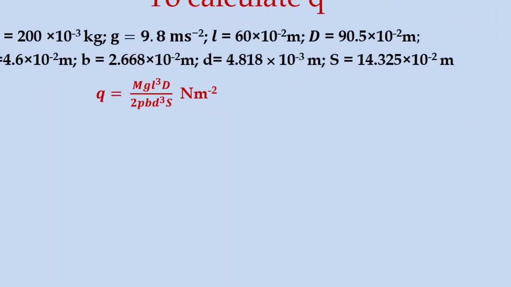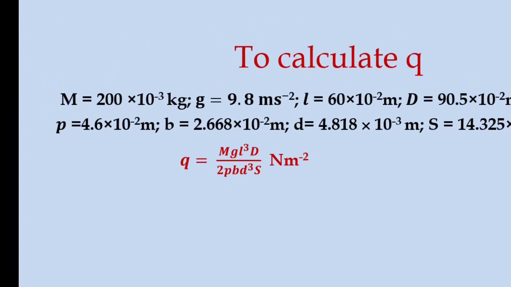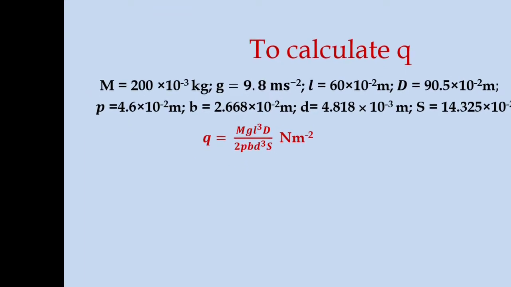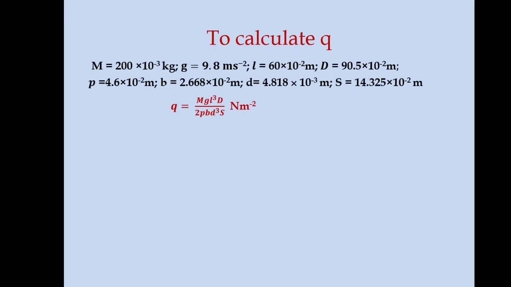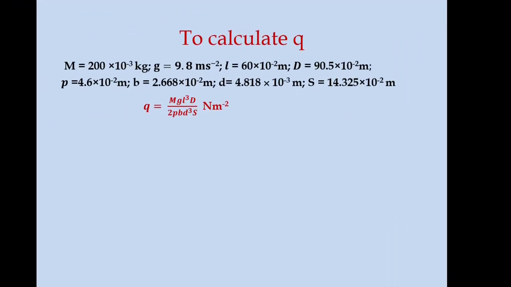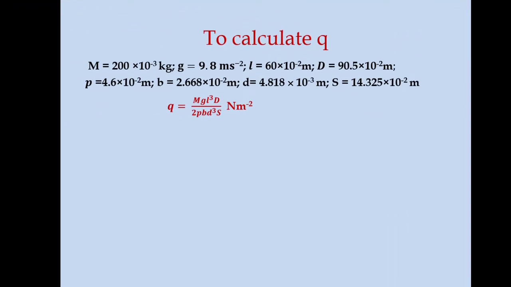The formula to calculate the Young's modulus of the material of the beam by non-uniform bending, using scale and telescope and optic lever, is Q equal to m g L cube D divided by 2 p b d cube s. We know m, the mass for which the shift is calculated, that is 200 gram, 200 into 10 power minus 3 kg.